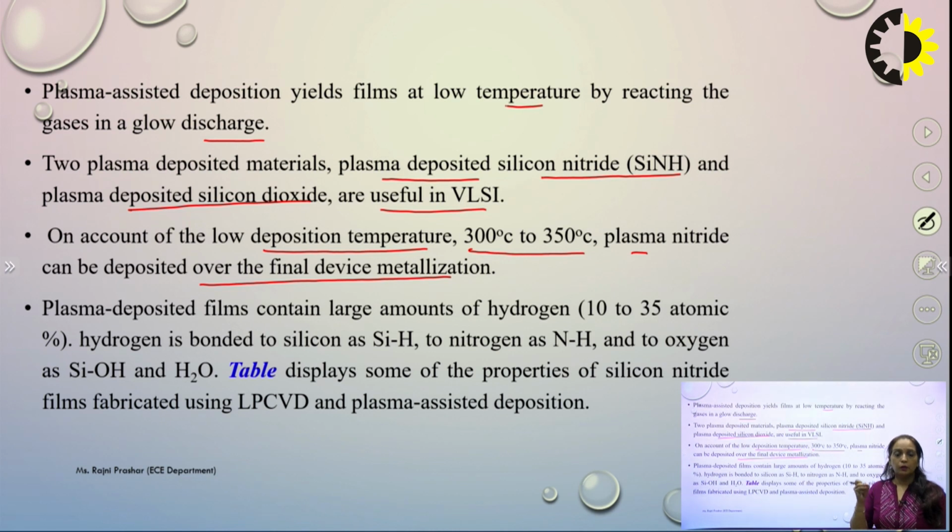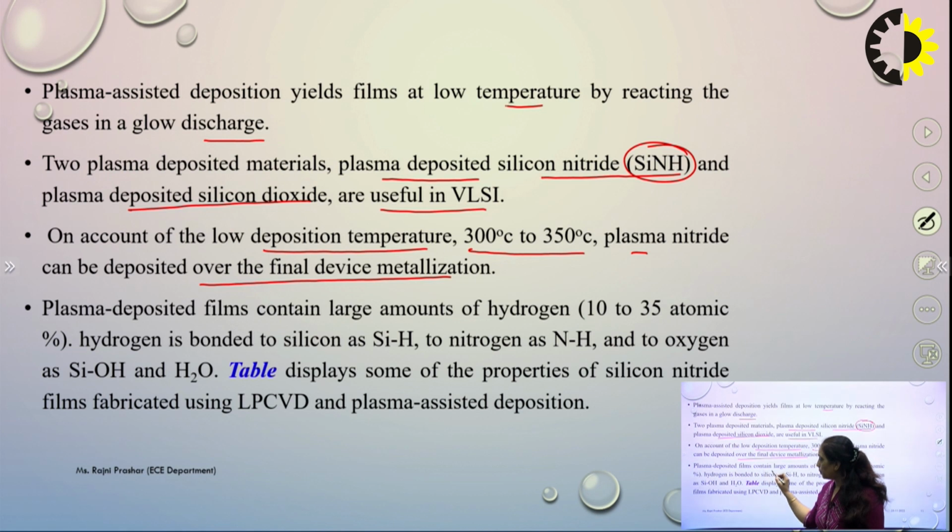So that aluminum, copper, whichever metal lines we are going to use, whether it is aluminum, copper, silver, gold, tungsten or titanium, that material should not diffuse inside the substrate. So these silicon nitride films, silicon dioxide films, are all used as a protecting layer for those metal lines. They will protect the substrate from the metal lines at high temperature.